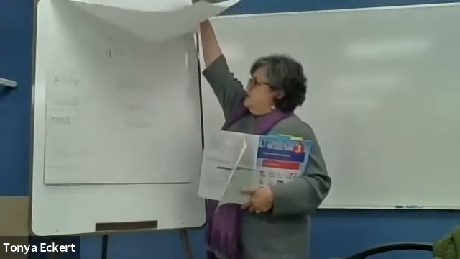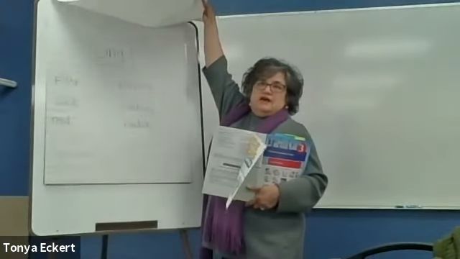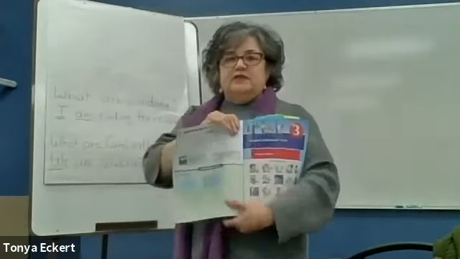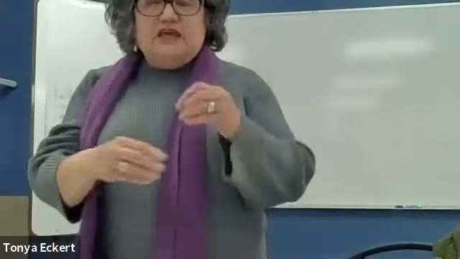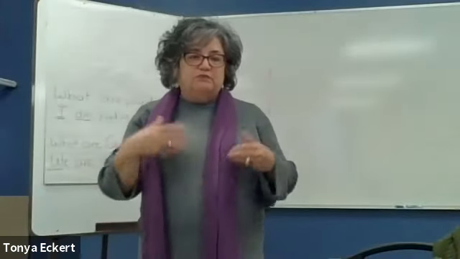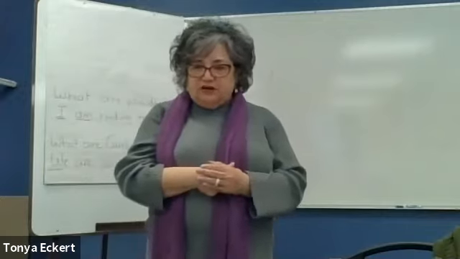And then we built some ing words. And then, as I suggested, if you don't already have something, get something to write in so you can practice, a spiral, even a piece of paper.